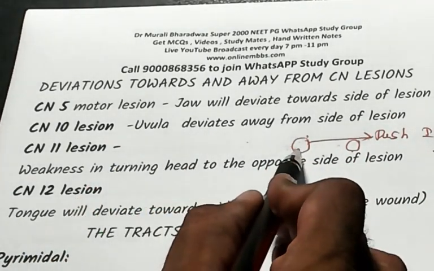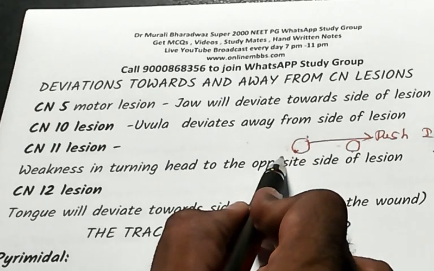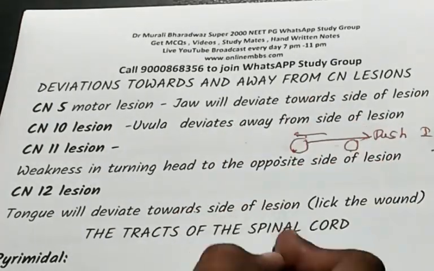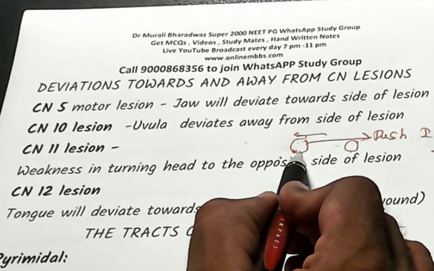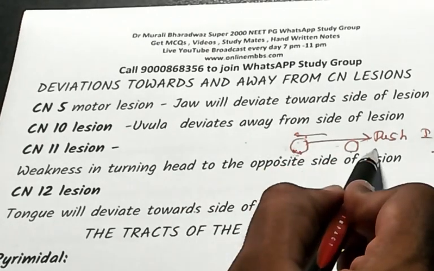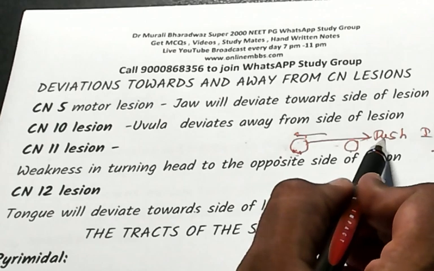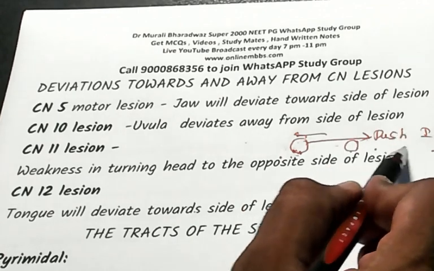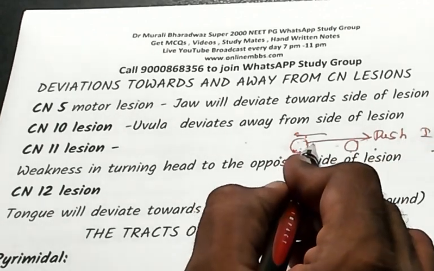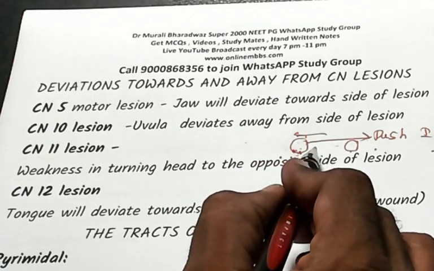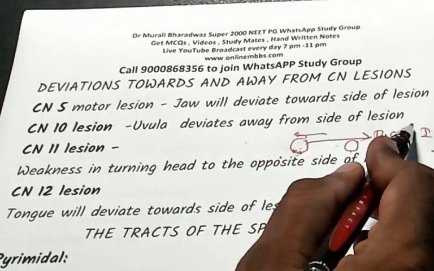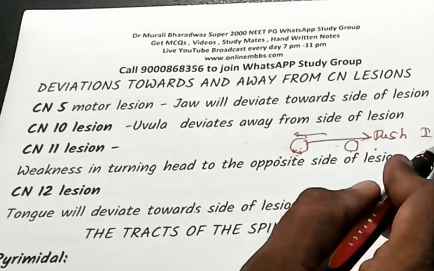Whereas if its normal function is to pull, then any lesion of that will lead to the contralateral side deviation. Pulling karta hai contralateral. If the normal function is to pull towards, then any lesion will make the deviation go contralateral, is what you should remember.